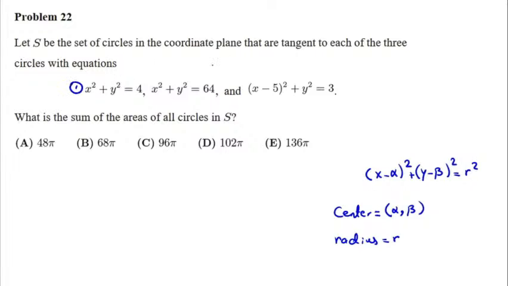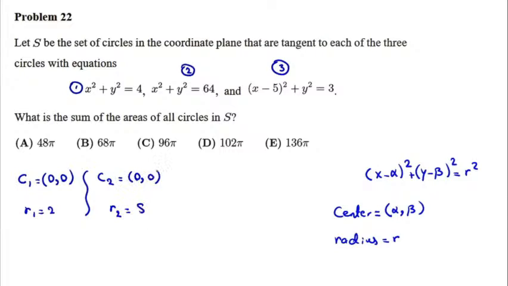Let's consider it is the first one, second circle, third circle. So, C1, let's consider centers and then consider radius. C1 is center 0, 0, the origin, and R1 is 2. C2, the center of circle number 2, again 0, 0, and radius number 2 is 8.